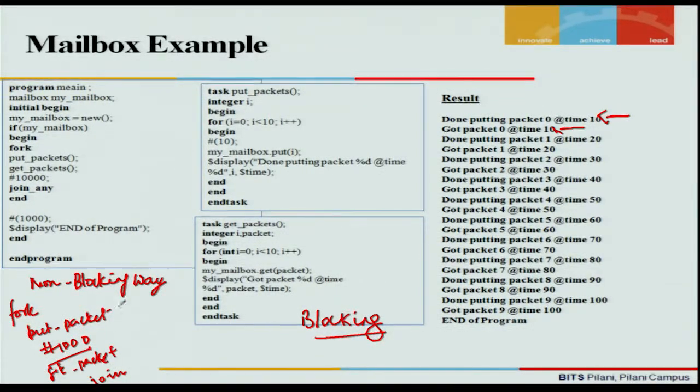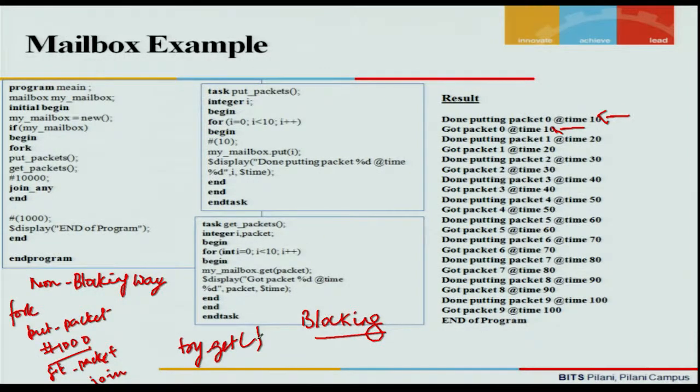Now even if in the get packet you try to call try get, since the mailbox has all the 10 data and the mailbox is available, it will give out all the 10 data, and there won't be any waiting call or any blocking call. You can try that out in your system to see how the non-blocking and blocking calls differ from each other.